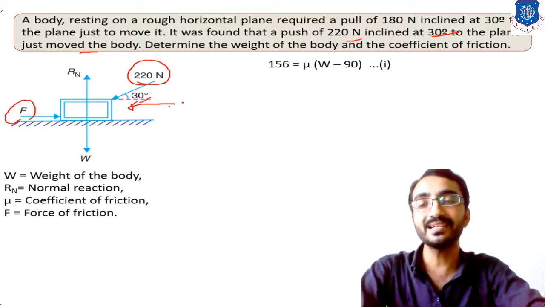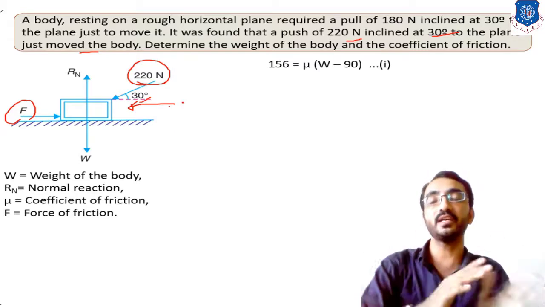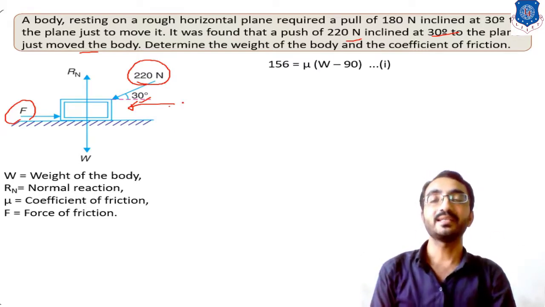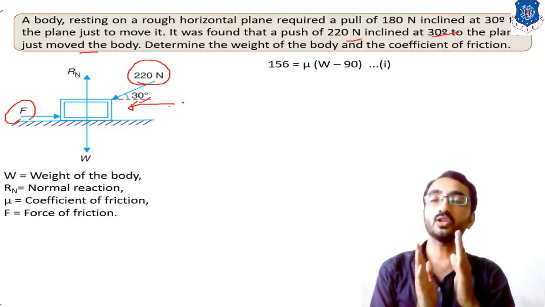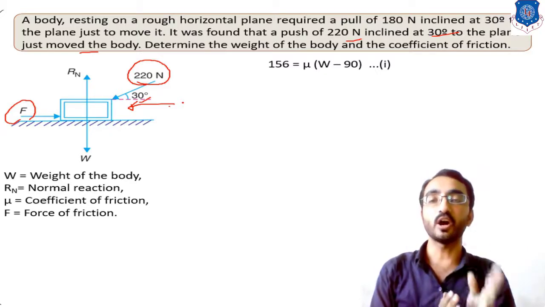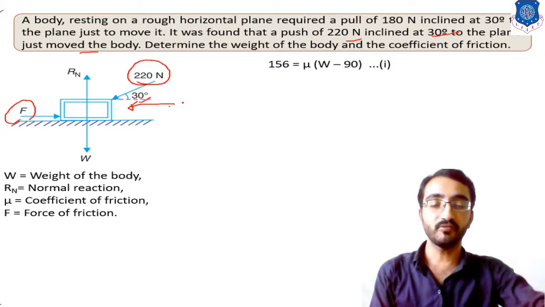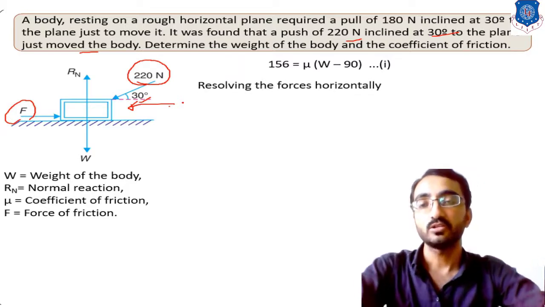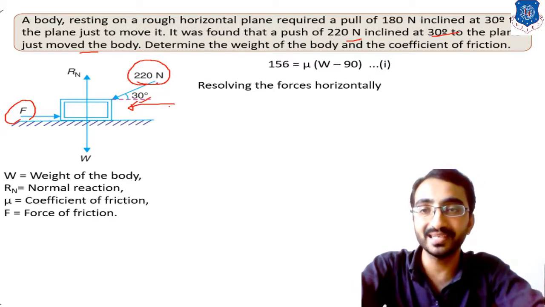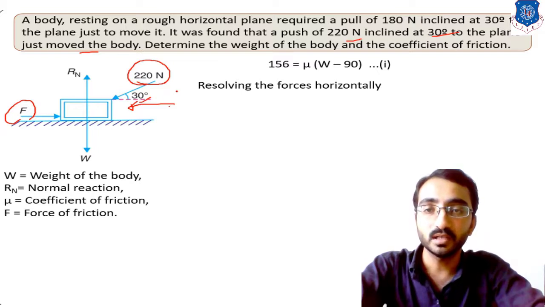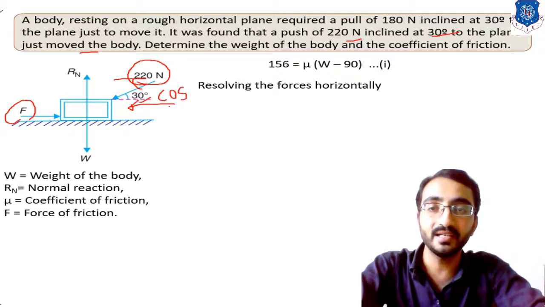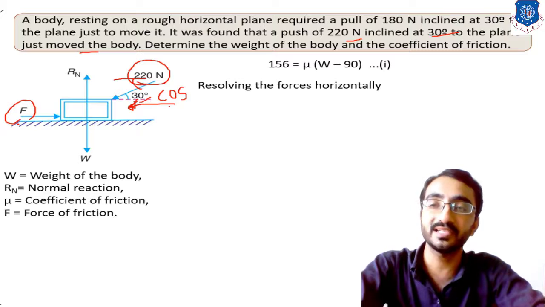Okay, so now in this condition, let's once again apply the fundamental equilibrium conditions for horizontal and vertical. Okay, so first horizontal equilibrium. For horizontal equilibrium, what we can say is that the cos component of this 220 Newton force will be acting in the negative x direction, and the frictional force will be acting in the positive x direction.